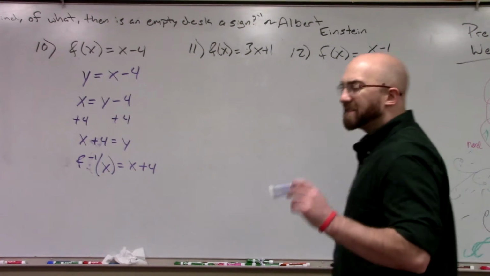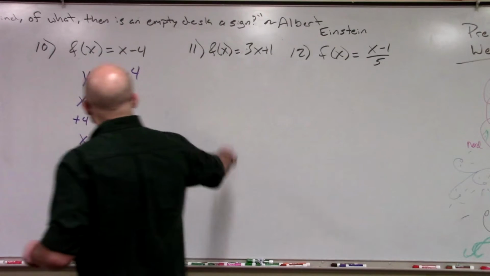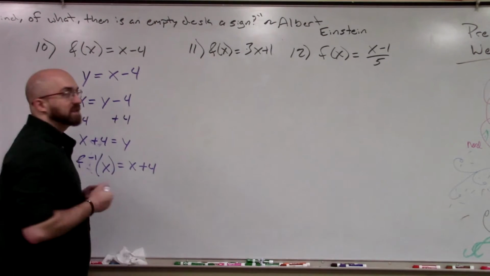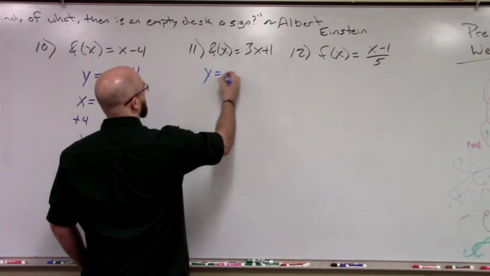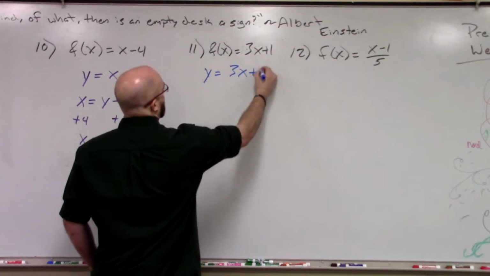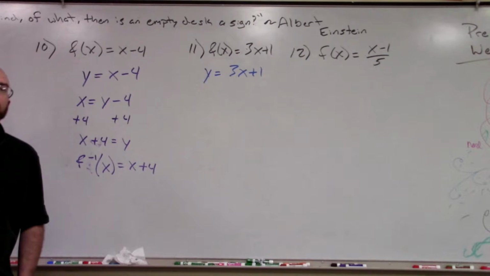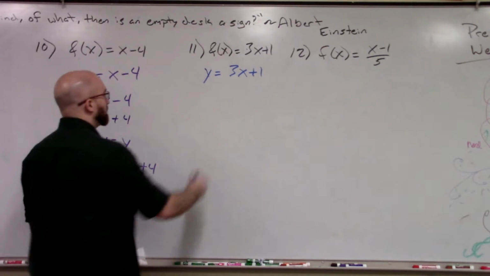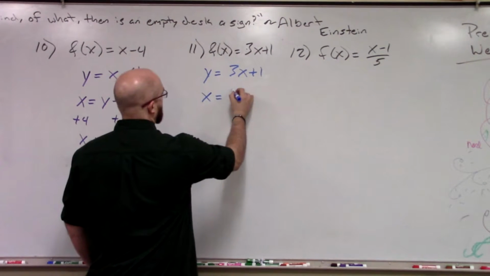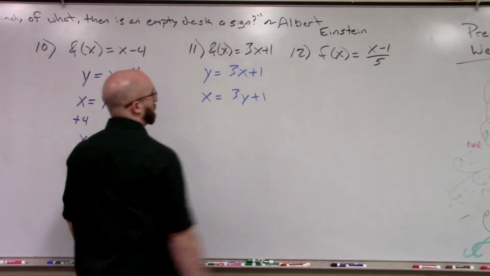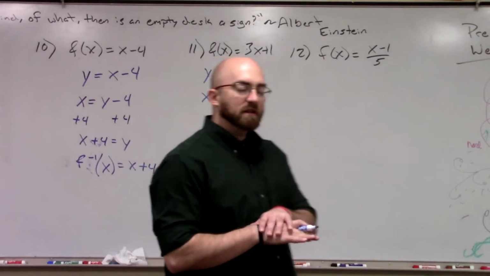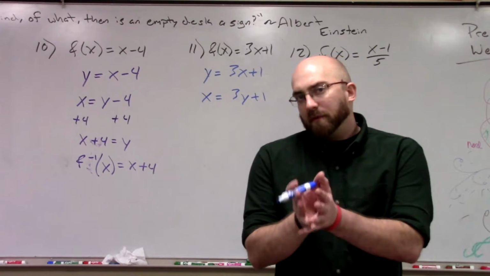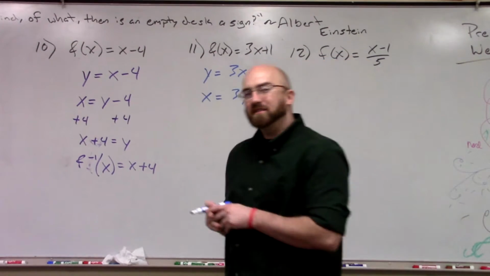I want to show you that's not always the case. So, here comes our number 11. First thing, switch the f of x with y. Okay, so we do that. Then switch the y and x again. Alright, so now this one is a little bit different. What you're going to do, we want to get y by itself. Most students automatically just divide by 3.